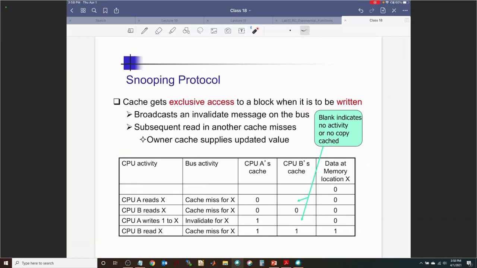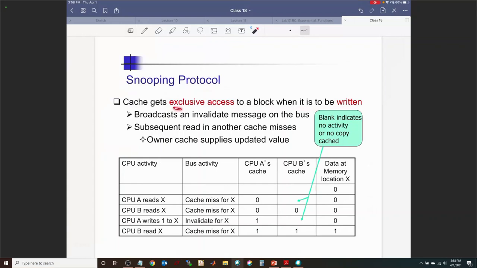So if you want to write something to memory, and it is not there in the cache, you have to get it from the physical memory, right? But what you get is a full block, all the words in that block. And as soon as you know that you're writing to it, you get exclusive access so that others don't write to it at the same time.